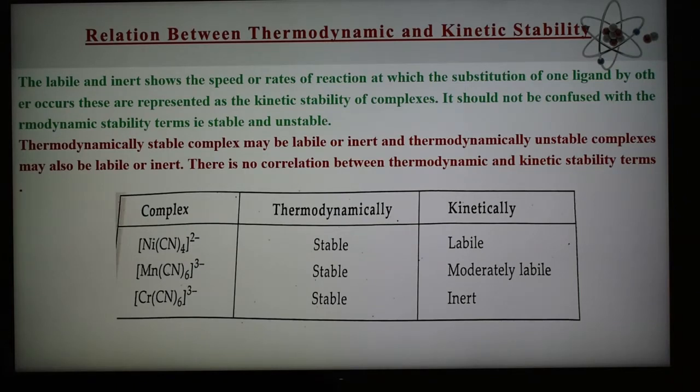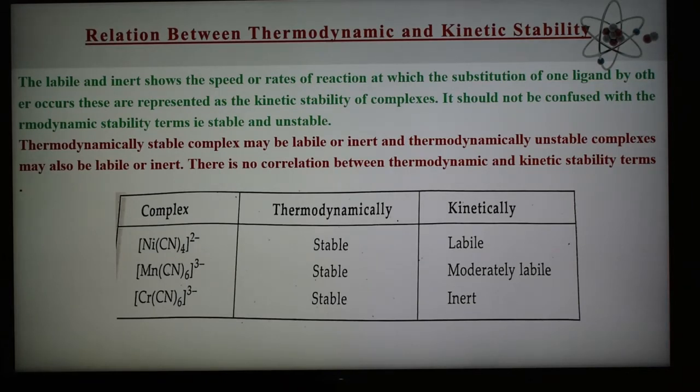So they are thermodynamically stable, but kinetically some complexes are labile and some are inert. If the rate of exchange of radiocarbon labeled cyanide is measured, we find that despite the thermodynamic stability, one of these complexes exchanges the cyanide ligand very rapidly, that is labile, the second is moderately labile, and the third is considered inert.